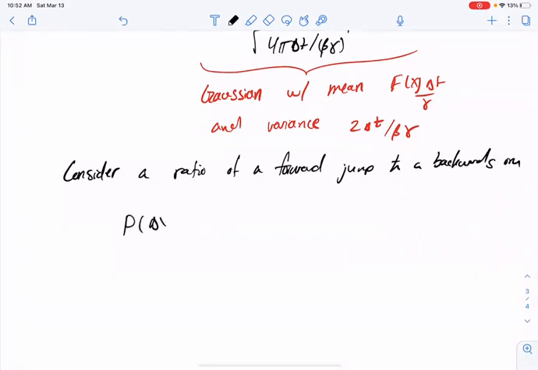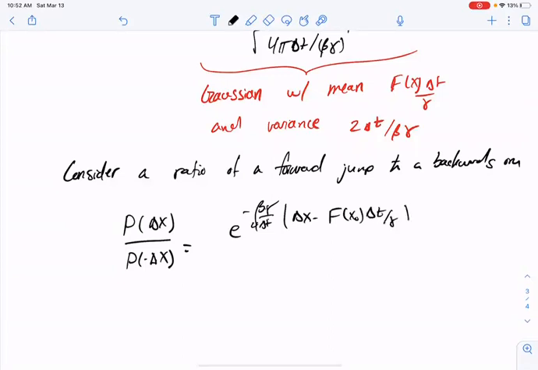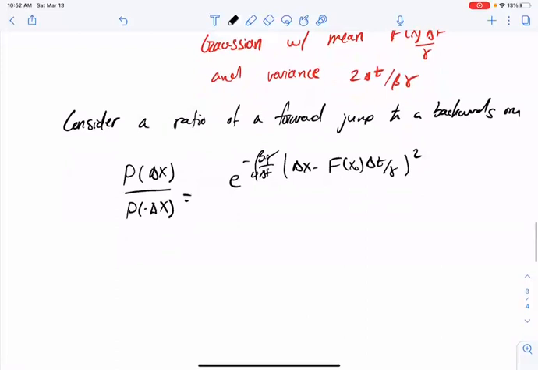So P of delta x divided by P of minus delta x. Well, the normalizations will cancel. I'll be left with e to the minus beta gamma over 4 delta t, times the quantity delta x less f of x naught delta t by gamma, squared.